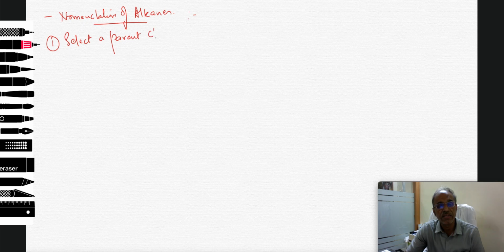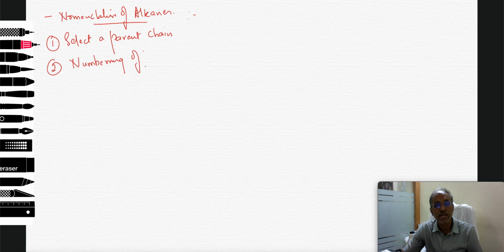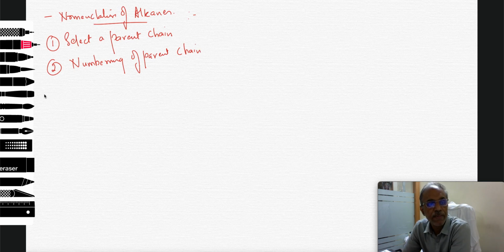Parent chain means how many carbon atoms it has. Then, second will be numbering of that parent chain. There are certain rules which we have to follow while selecting it and also numbering it. Now, we'll go step by step.